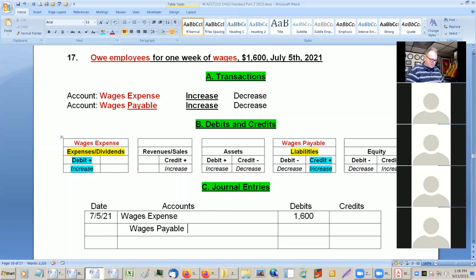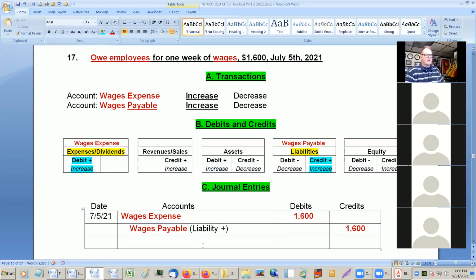Okay, wages payable is a liability. And it's increasing. For wages payable, can you just put accounts payable?